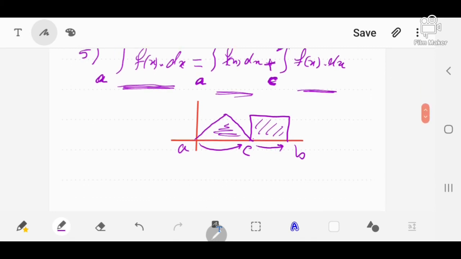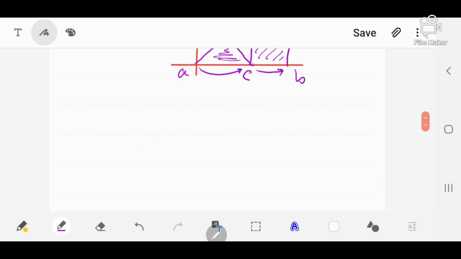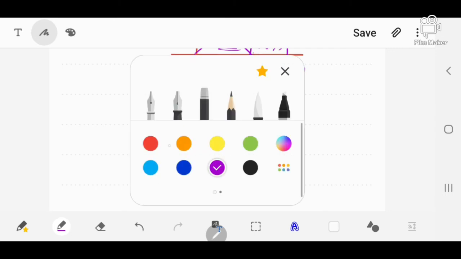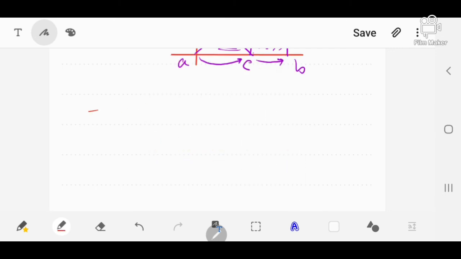What else do we have? Let me just give you an example before we move on. Let's say we have the integration from 1 to 2 of f of x dx equals 3. That's given.